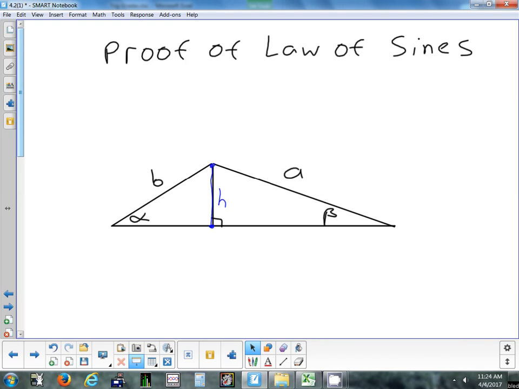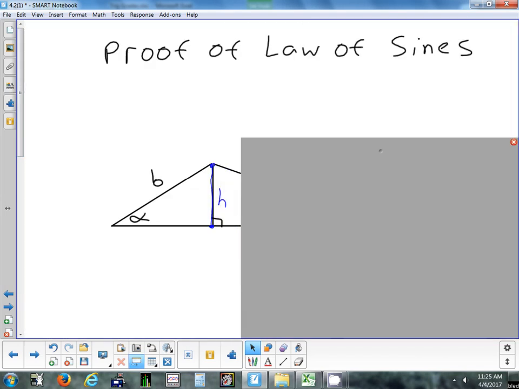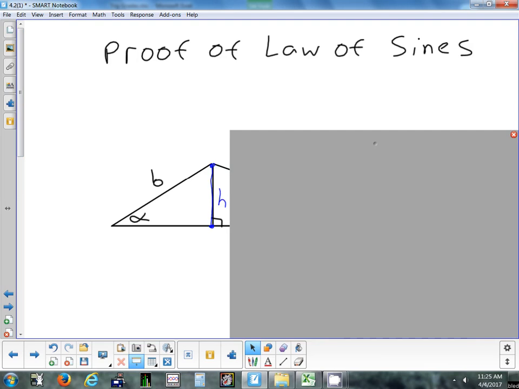I took that big triangle and broke it down into two right triangles. So I took something that was just kind of a big triangle and I split it into two right triangles. And I'm going to look at the left side and then I'm going to look at the right side separately. I'm going to start by just focusing on the left side. So forget about the right side for a second.